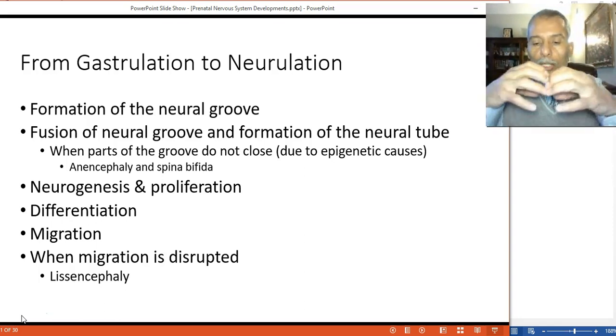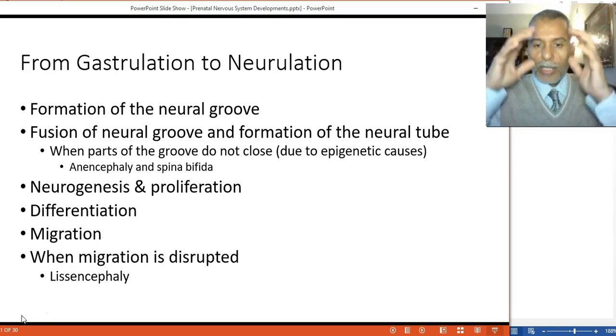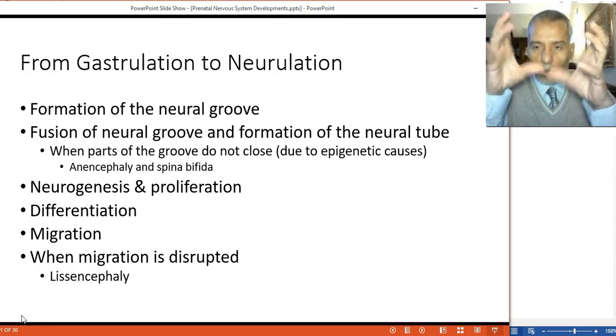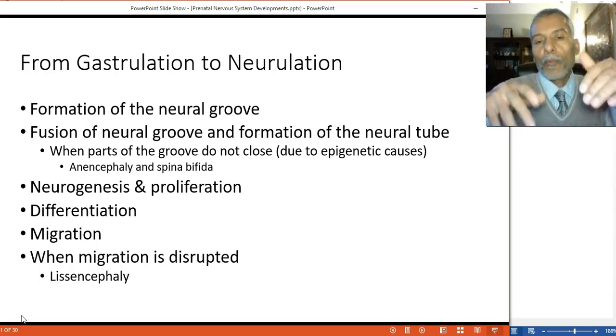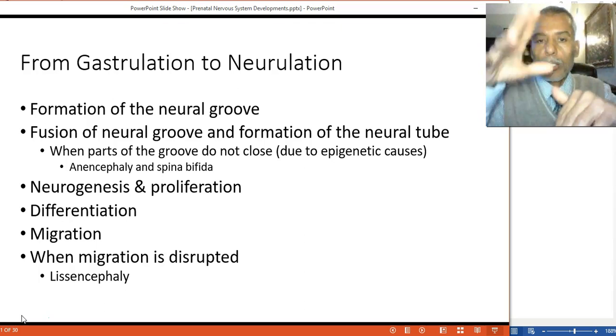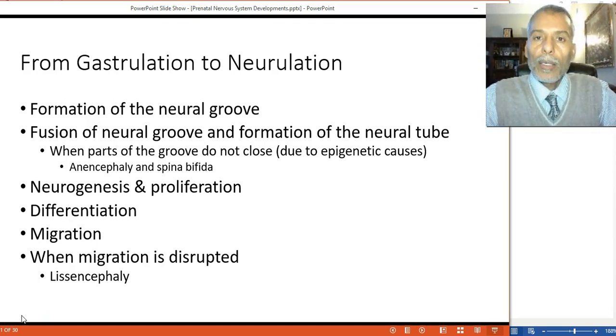The cerebral cortex continues to grow bigger, and because the skull is limited in space, you have the folding of the cerebral cortex into gyri and sulci, so that you can pack a greater surface structure.